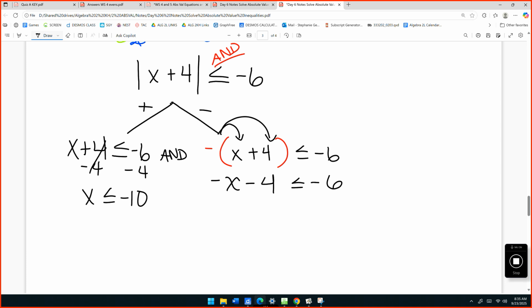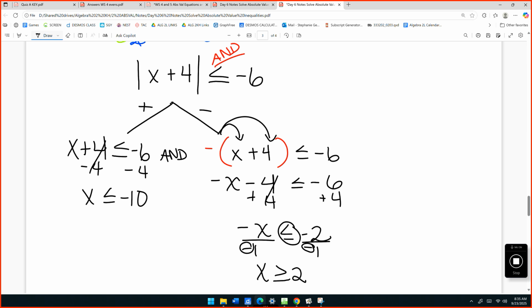Then we'd add 4. Negative x is less than or equal to -2. Then we divide by -1, and oh, sign flip. I'm dividing by a negative. So I have x is not less than or equal to, but greater than or equal to 2.